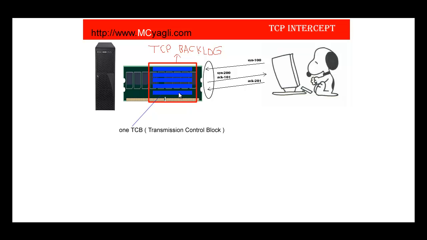And it contains information about the source and destination IP address and TCP ports, status of connection, and so on and so forth. And all these queues are kept in a place called TCP backlog, this red square. And if I increase the size of TCP backlog, we can have more blue queues, I mean TCBs, right?